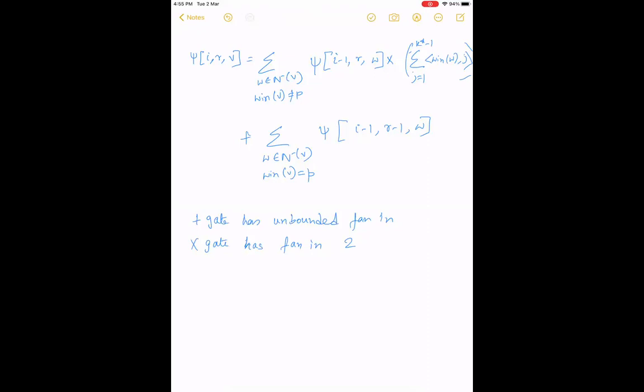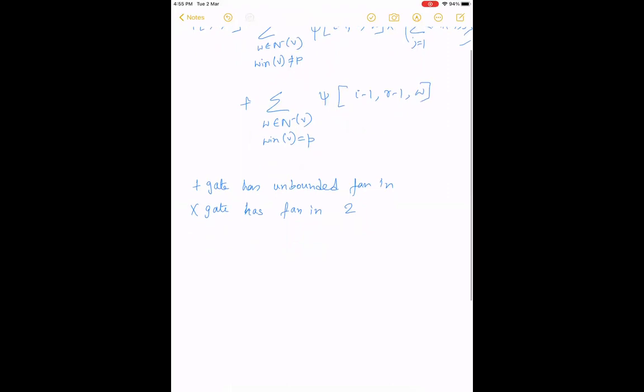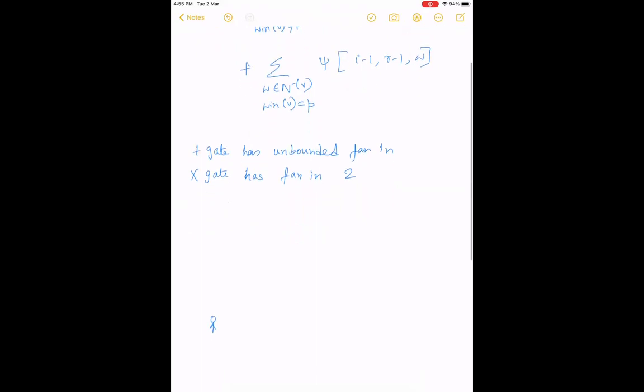Okay, so what is an arithmetic circuit? An arithmetic circuit is where you have gates, plus and product, and it is acyclic. You can think of it as a DAG, a directed acyclic graph, where at the leaves you can input a variable or a constant. Then you have a gate which could be a plus or a product gate.